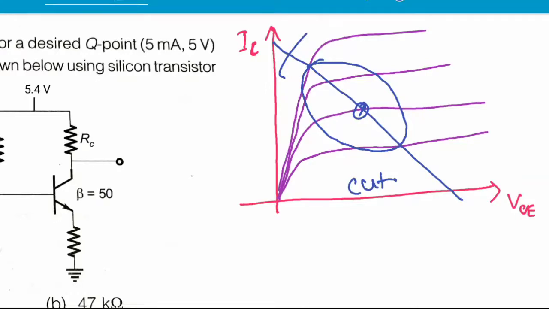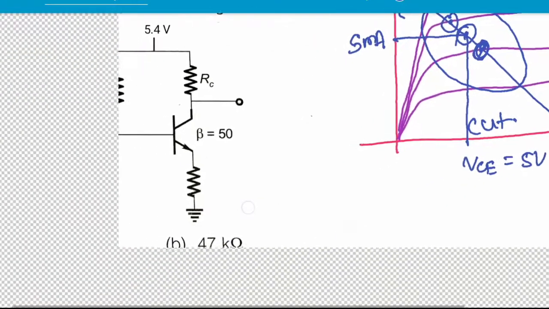In this active region, this point is called a Q point, and this point also can be a Q point. Here the VCE value is given as 5 volt and the IC value is given as 5 milliampere, and we will solve for RB.